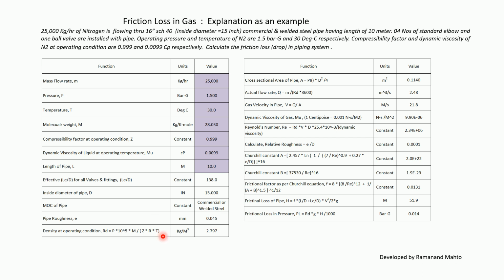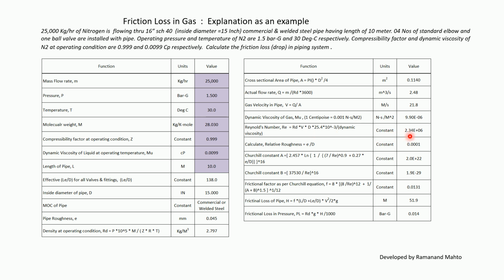Density of the gas, nitrogen, at this operating condition is coming as 2.797 kg per meter cube. Cross sectional area of the pipe is 0.114 meter square. Actual flow rate is 2.48 meter cube per second. So gas velocity in pipe is 21.8 meter per second. Dynamic viscosity is 9.9 times 10 to the power minus 6 Newton second per meter square.